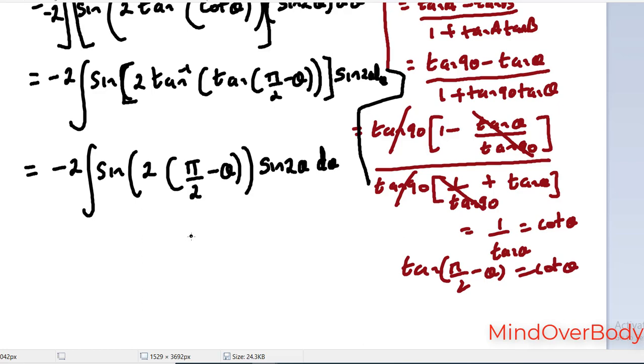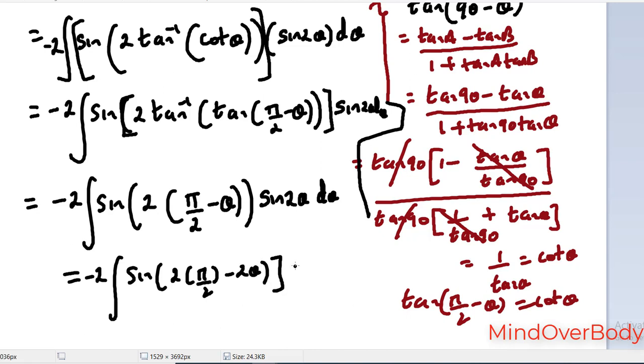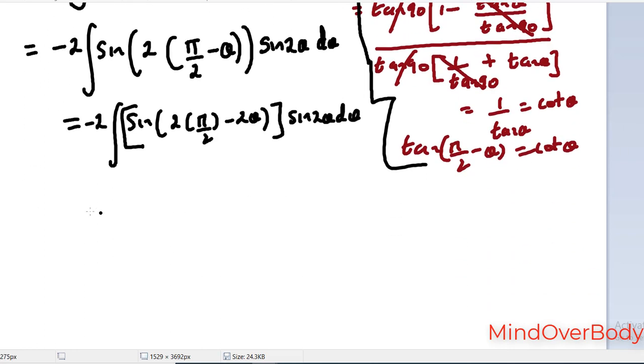Let's move on. Now I would just distribute this 2 that you see here inside. If I do that, I would get negative 2 times sine of 2 times pi over 2 negative 2 theta times sine 2 theta times d theta. This is what I have now. Now let me cancel the 2.